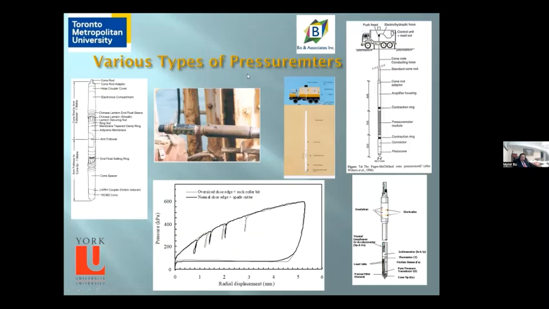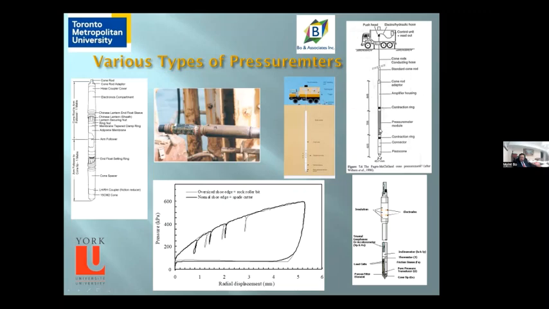There are a few types of pressuremeter, starting with the Menard pressuremeter, and then also the self-boring pressuremeter, and they also combine CPT with the pressuremeter, called cone pressuremeters. So basically, the pressuremeter body is inserted into the ground at the required test location.